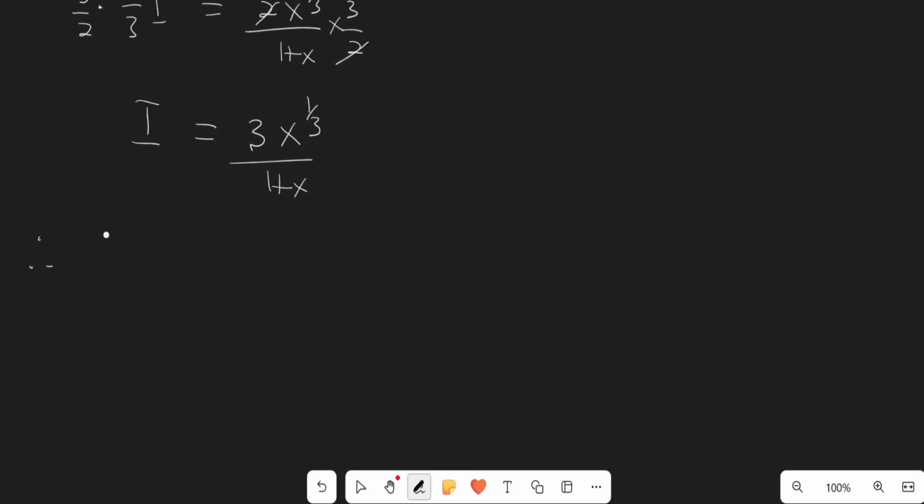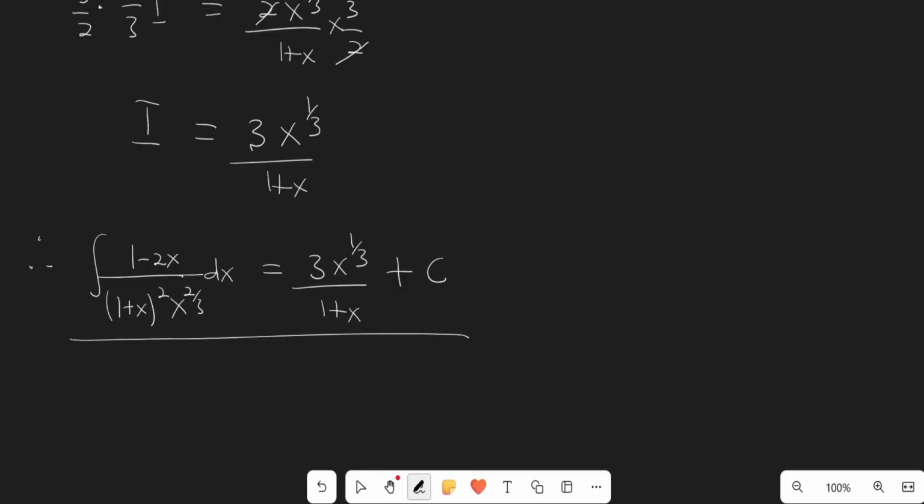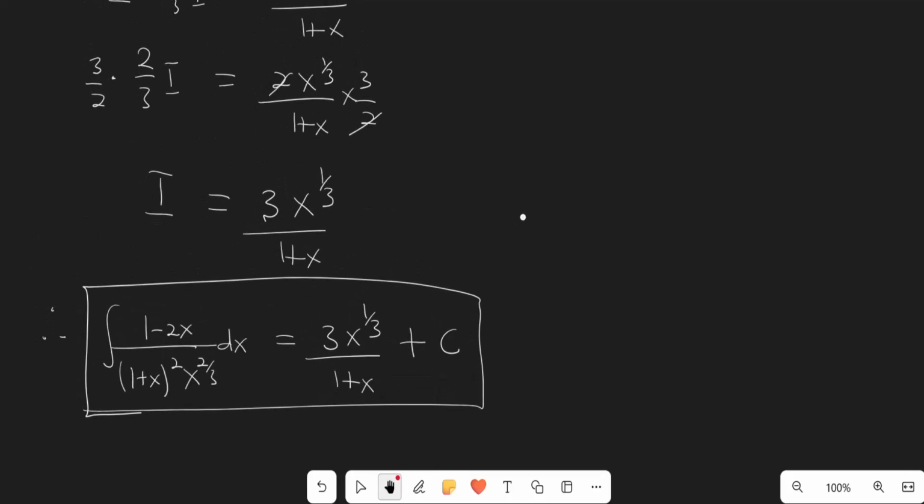Therefore, the integral of (1 minus 2x) over (1 plus x) squared times x to the power 2/3 dx simplifies to 3x to the power 1/3 over 1 plus x plus the constant of integration. So this is the answer to our integral.